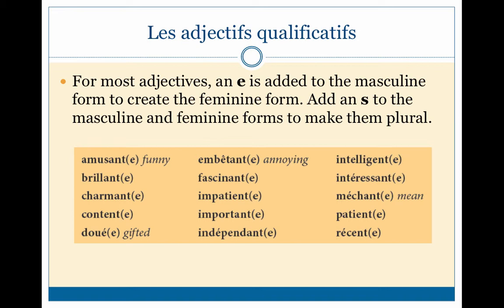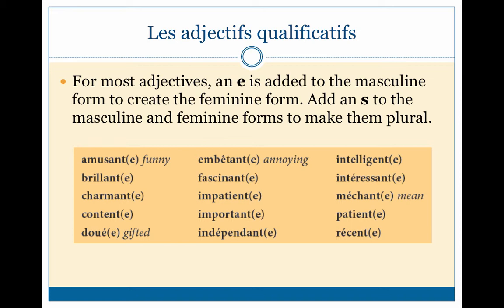They look just like they do in English. For most adjectives, we can just add an E onto the end to make it feminine. And then when we want to do a plural, we just add an S. So for example, amusant is the masculine form, but amusante with the E is the feminine form.